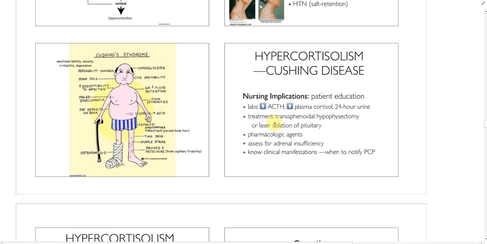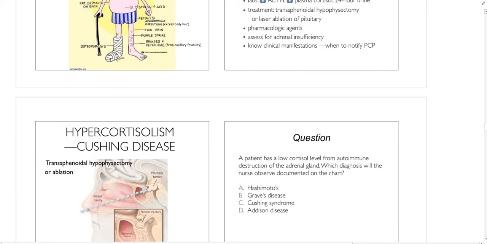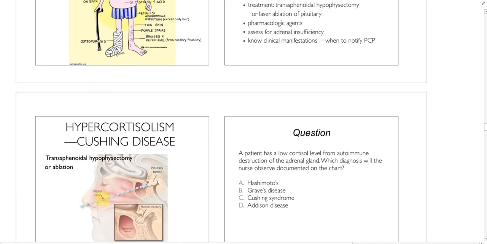One of the treatments would be a transsphenoidal hypophysectomy, which is going up into the nose, nasal cavity, through the concha, through the sphenoid cavity, and taking out the tumor or the pituitary. I don't think it'd be the entire pituitary gland. Part of it would be taken off to prevent it from making a mess.